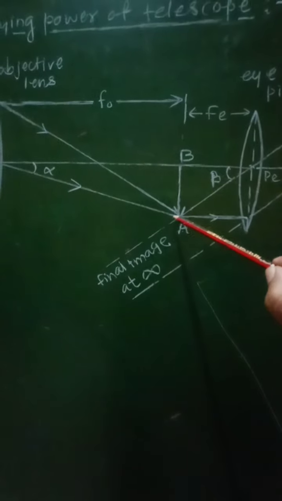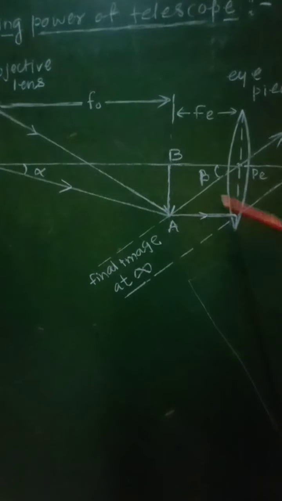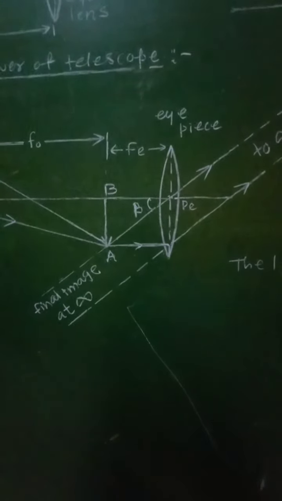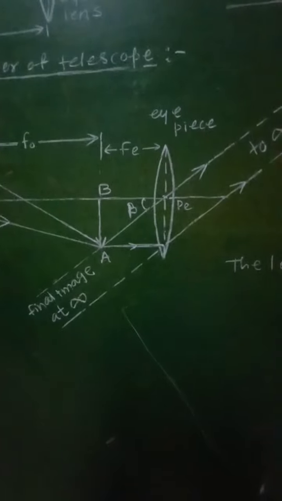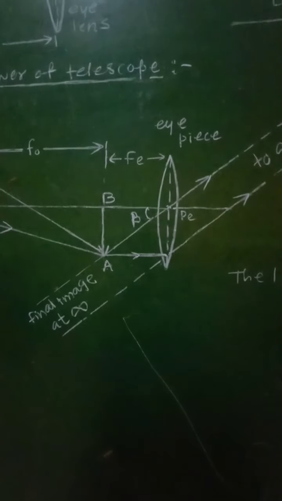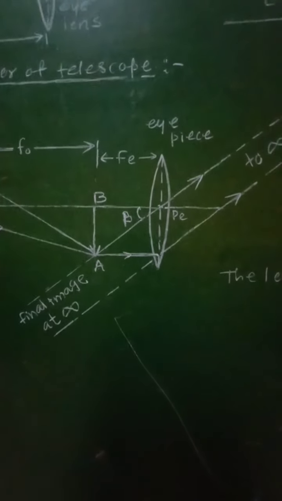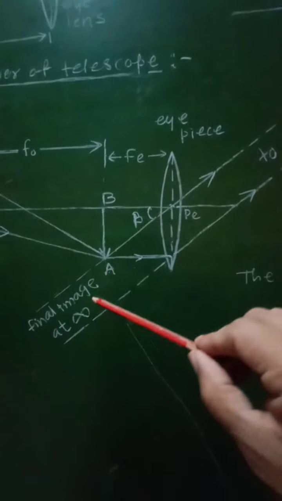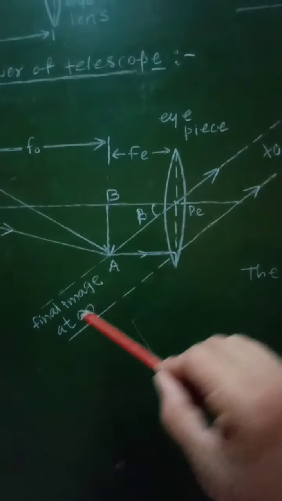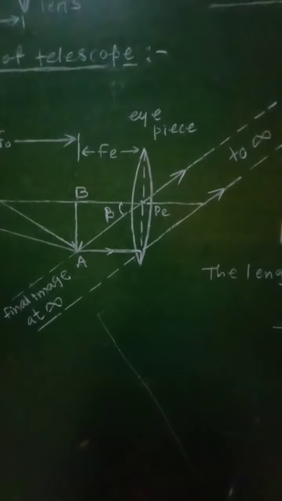The distance between AB and the eyepiece is equal to FE, which is nothing but the focal length of the eyepiece. And in this case the final image will be formed at infinity.